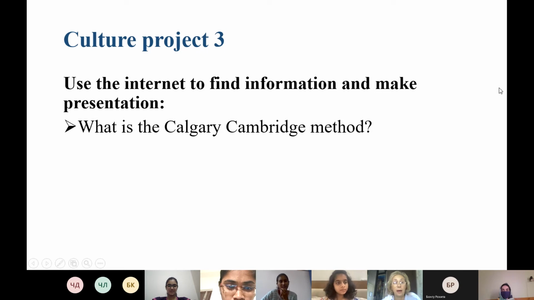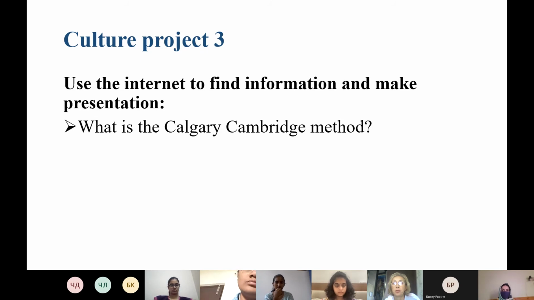Okay. So as you see, you should make 3 presentations. Each group should make 1 presentation on one of the projects. It should be from 5 to 10 slides, not very long. You should find some illustrations, some pictures, and some interesting information about this.